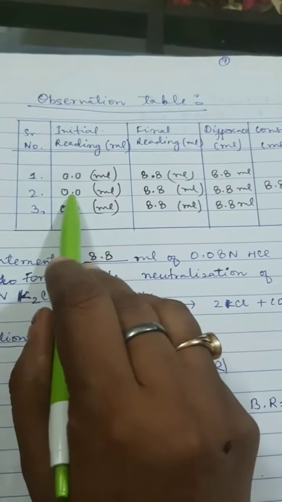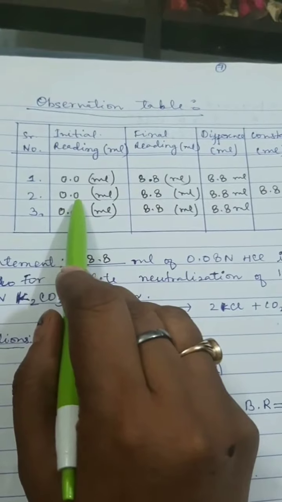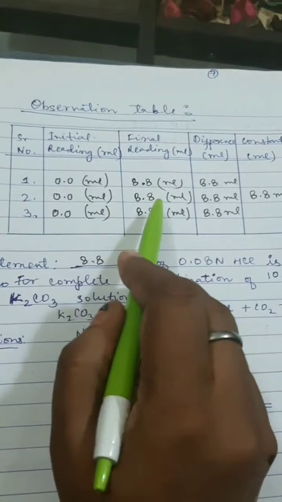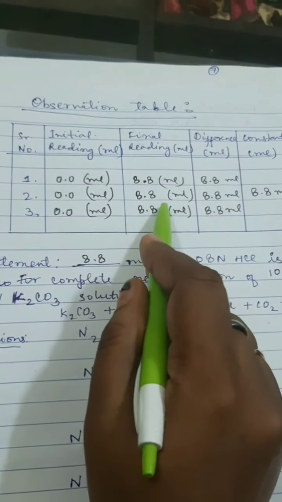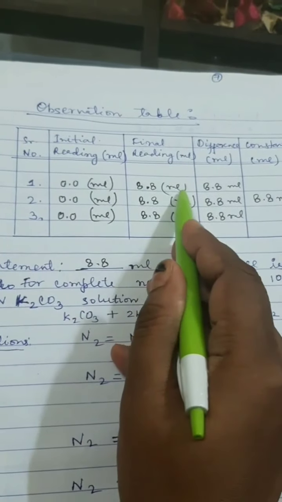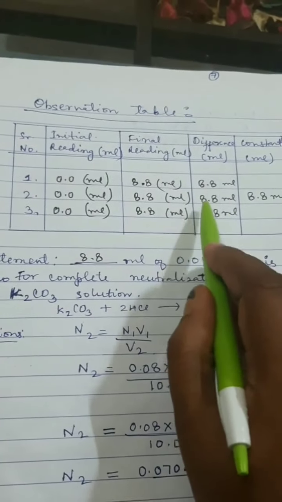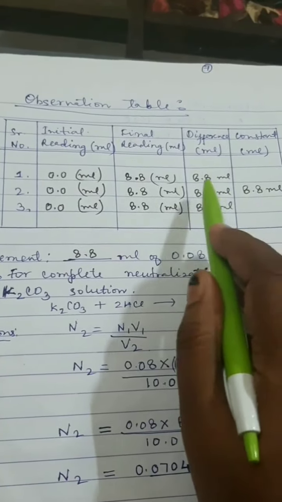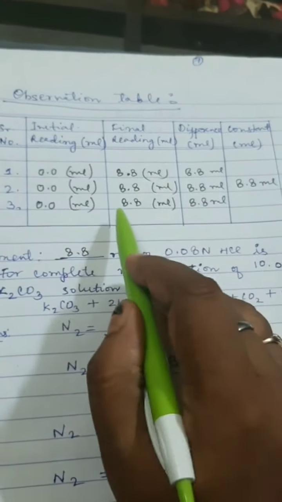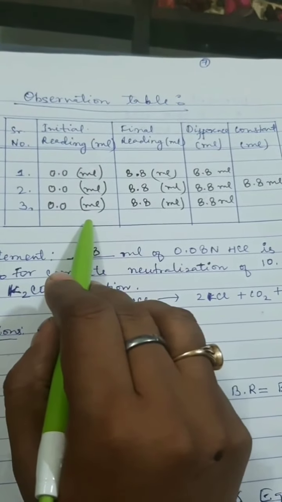Similarly, we will fill the burette again and set the lower meniscus at 0, and then titrate again, take out 10 ml of K2CO3 solution in the conical flask, and repeat the procedure in the same way as we had done for the first one. So the second time also we got 8.8 ml of HCl consumed for complete neutralization of 0.08 normal HCl.